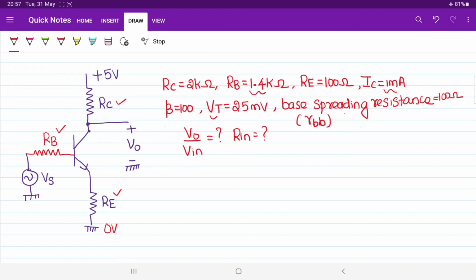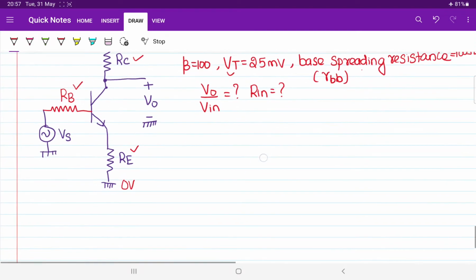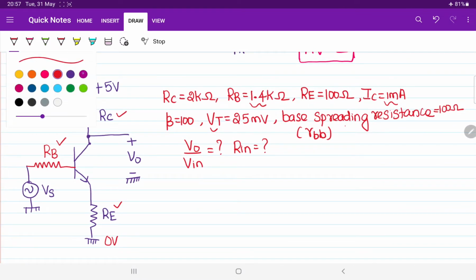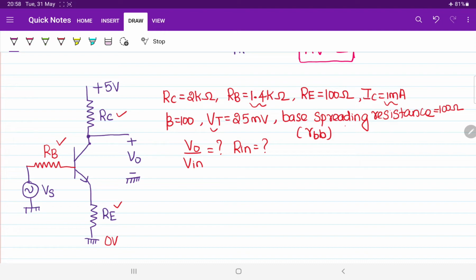Now we have to calculate the value of voltage gain. Let us start exploring. As usual, directly draw the AC circuit. While drawing the AC equivalent circuit, if any capacitor is given, we have to short circuit it. If a DC voltage is given, we have to short circuit it. Then observe, we are measuring the voltage between this terminal and ground.